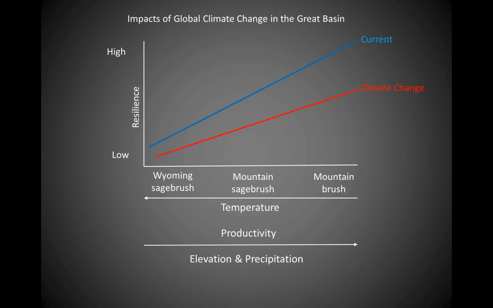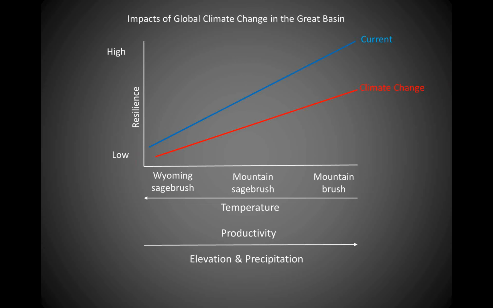If temperatures warm up, it's going to be warmer and probably drier, and regardless, even if we keep moisture constant, the resilience of sites is going to decline. In other words, they're going to become less resistant to invasives.